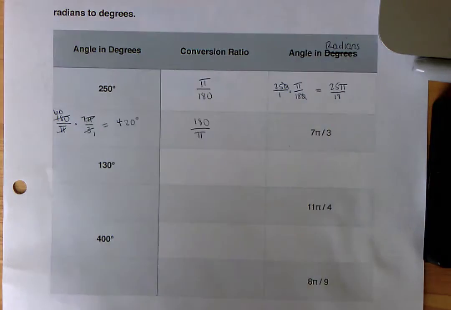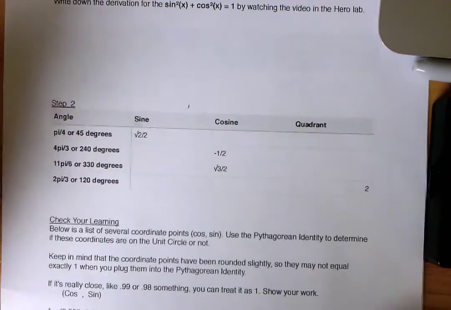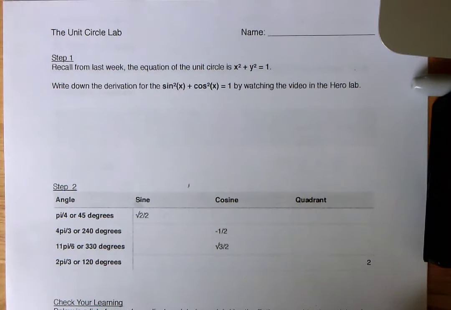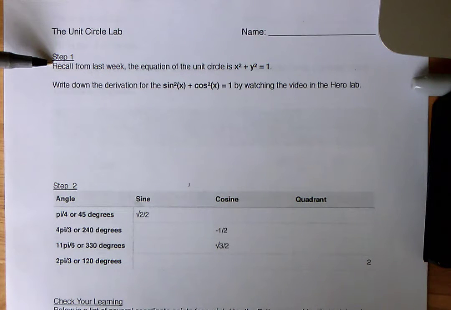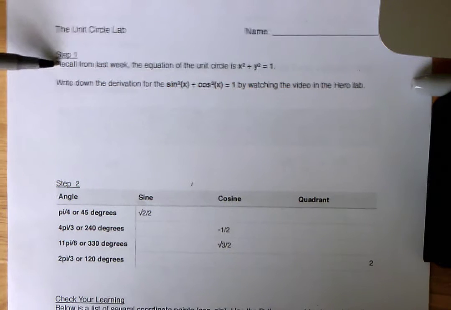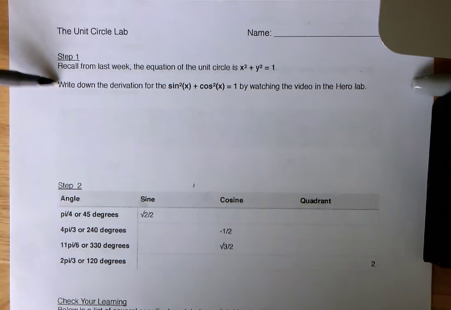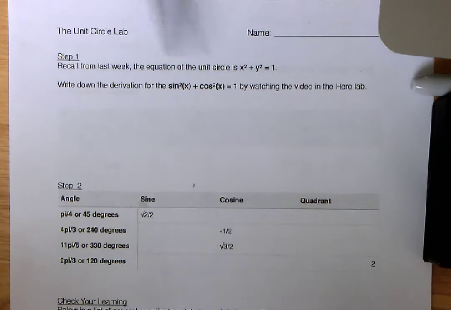Also, the next thing we want to do: you'll want to go to the Unit Circle Lab, Module 2, Step 1. If you go there, there's a video that talks about the derivation for sine squared plus cosine squared equals 1.